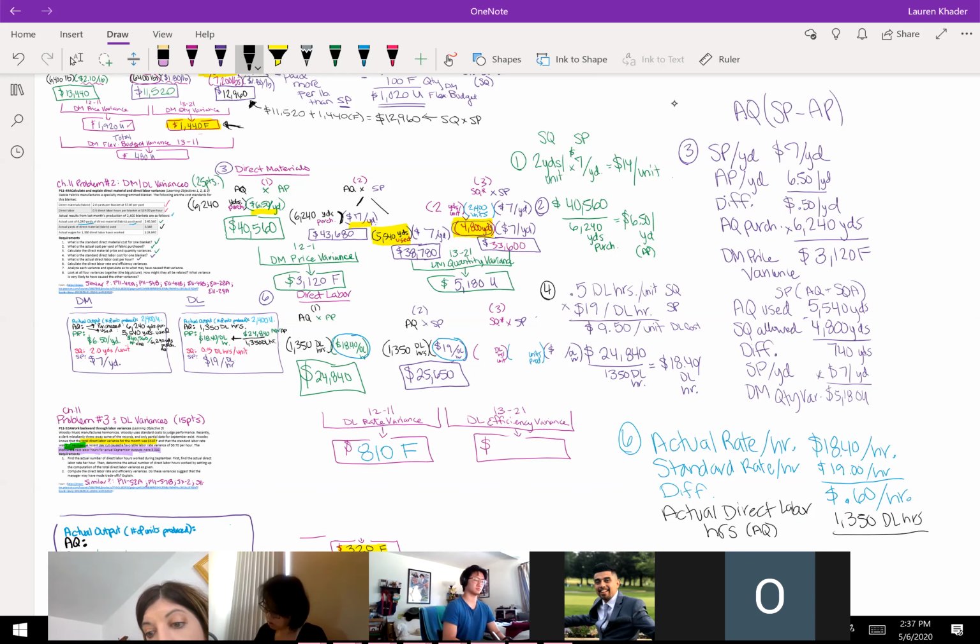So remember, it's AQ, or actual quantity incurred for hours, actual hours. Write it. Compared to actual rate minus the standard rate. SP minus SP minus AP.